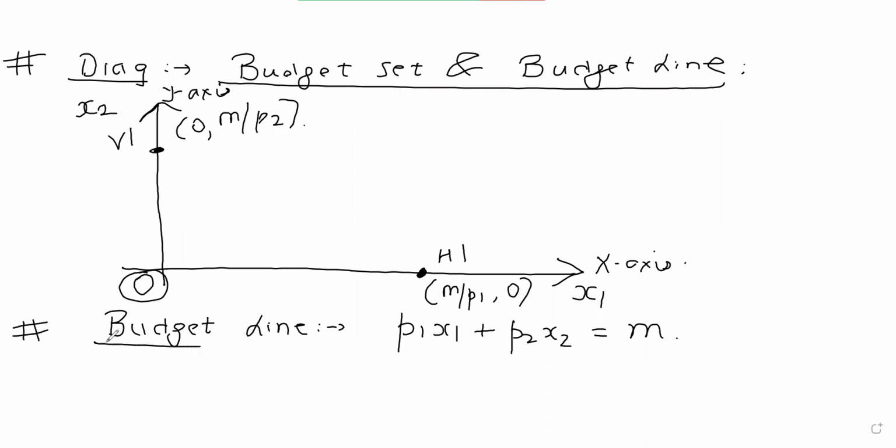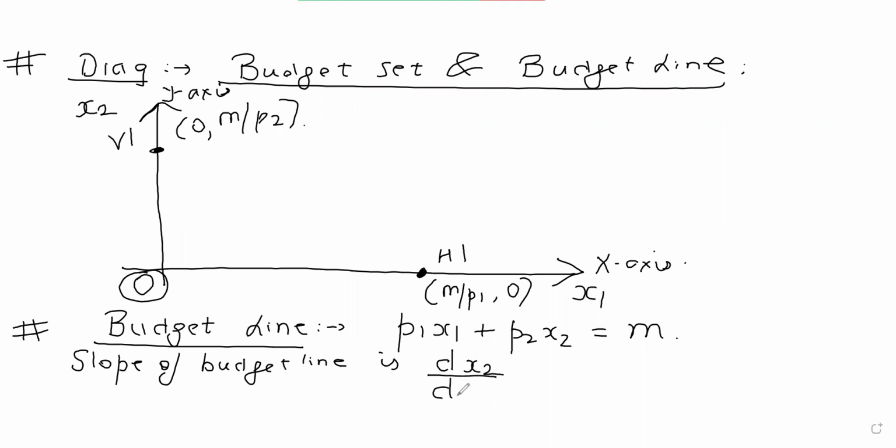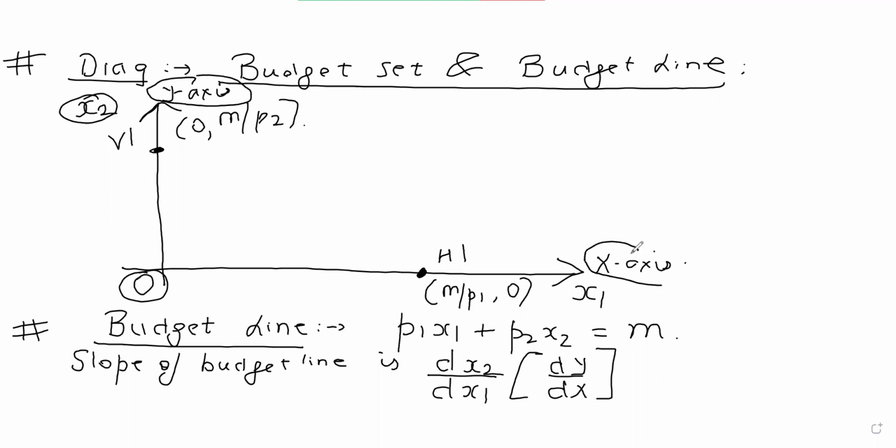The slope of the budget line is the derivative of x2 with respect to x1. Remember, it's dy by dx. On the y-axis, what am I measuring? X2. On the x-axis? X1. The slope is nothing but dx2 by dx1.